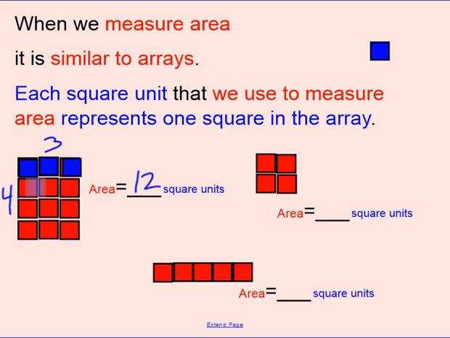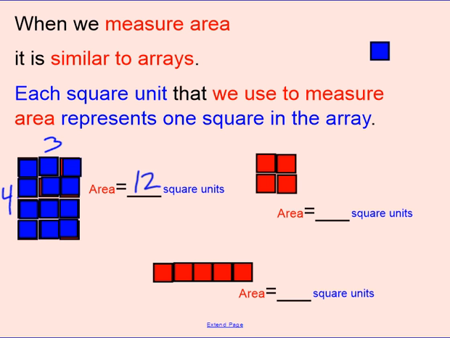That is how they are able to measure the inside of a space, by using the same size square units to fill the space and find the measurements of the inside of the shape. So this particular shape can take the same size squares, and it's a 3 by 4, and there are 12 square units that fill that rectangle.